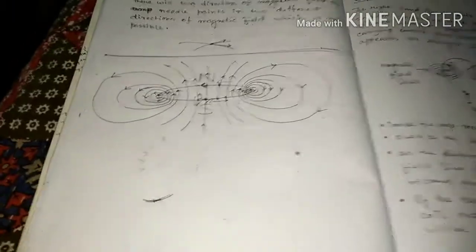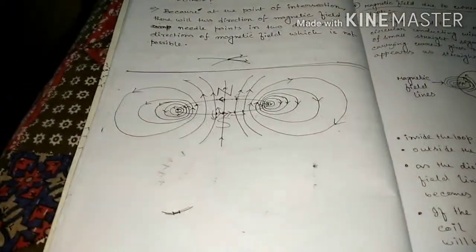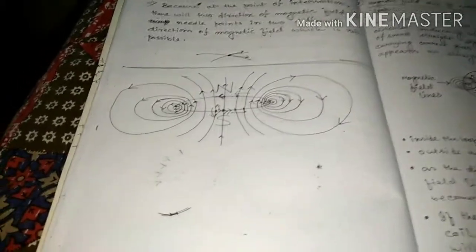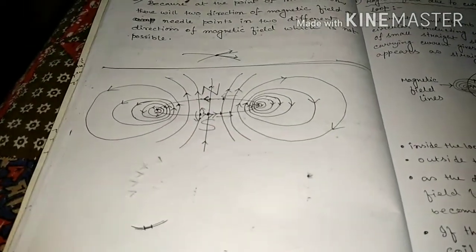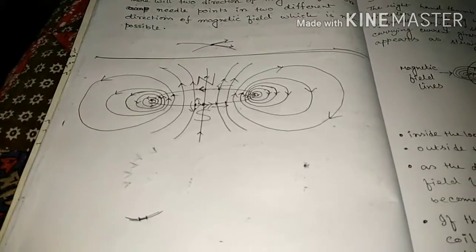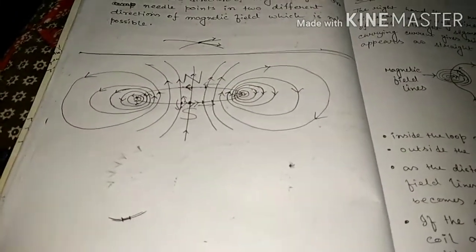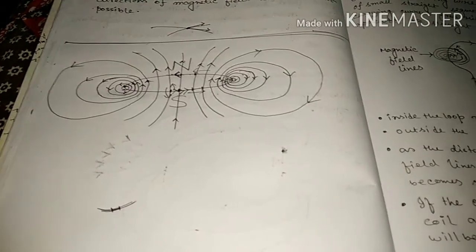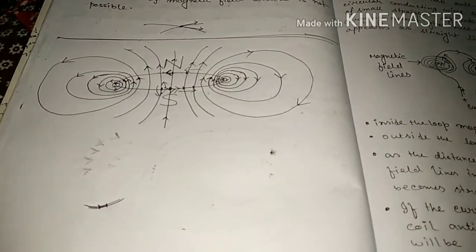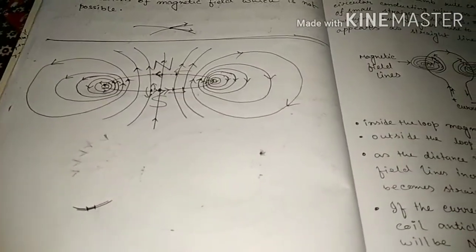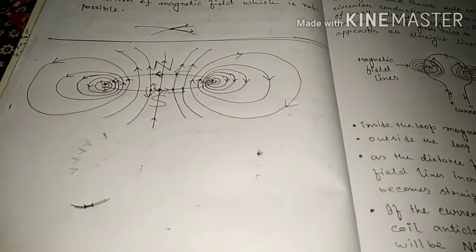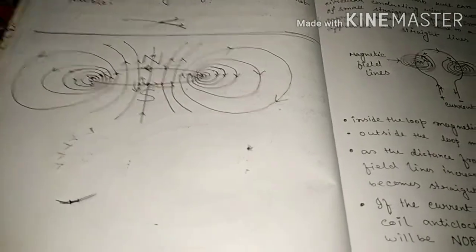Another way: when you connect a battery, the current flowing through the coil is, say, 2 ampere. If you add more batteries in series, the amount of current increases, and in the second case the current flowing through the coil is 10 ampere.